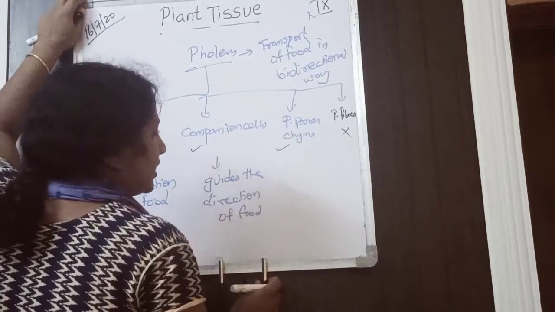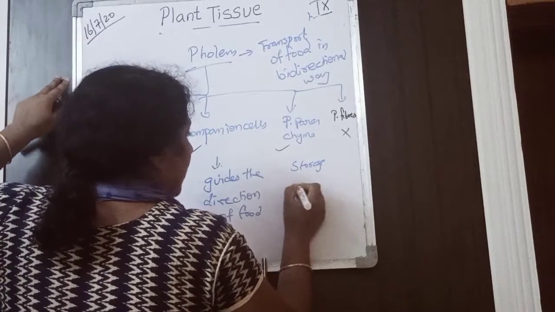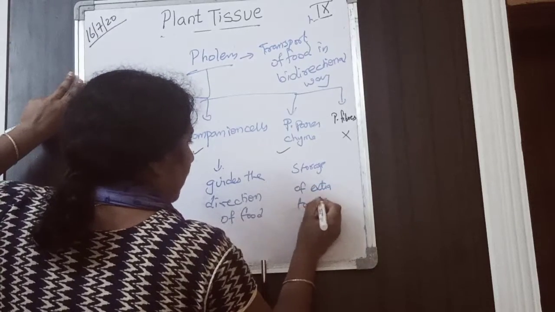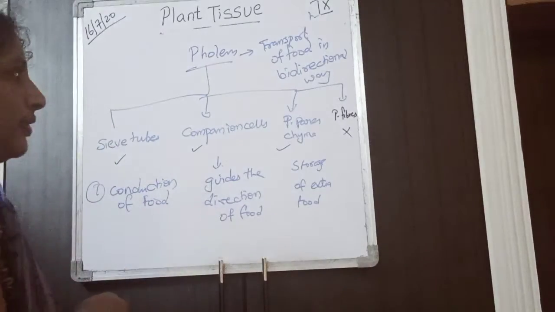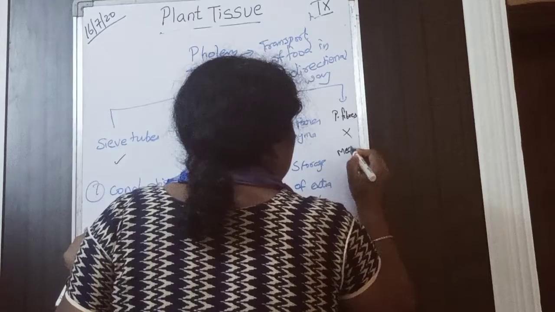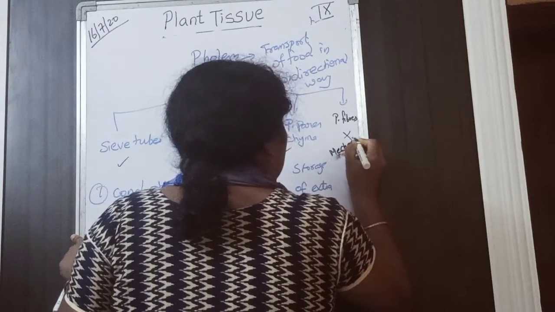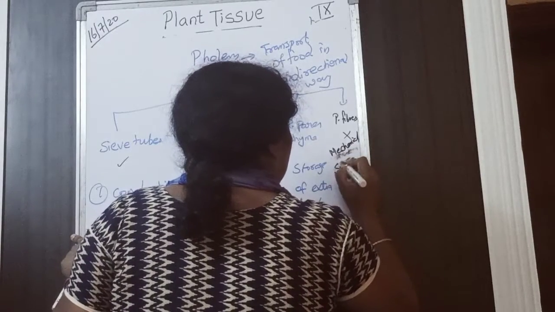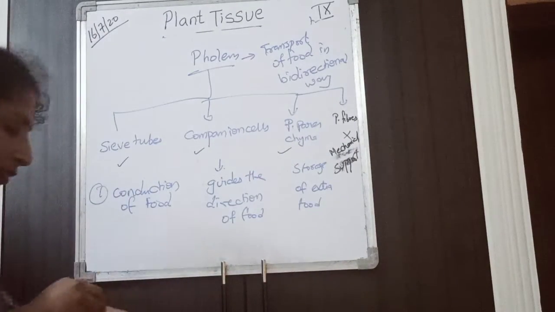Next, phloem parenchyma. What is the function? Storage of extra food. Then what is this function? Mechanical support. This is about phloem.